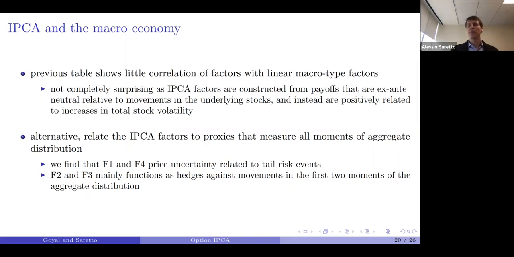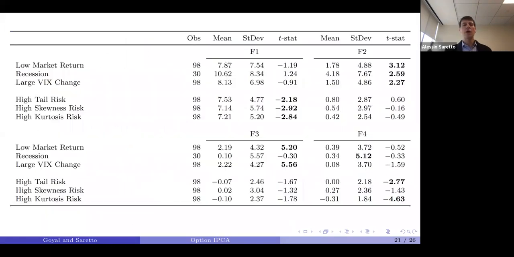Now there's a very nice paper again by Brian Kelly and, oh, I forgot the second author, but anyway, it's 2014 RFS, where he constructs a tail risk measure.